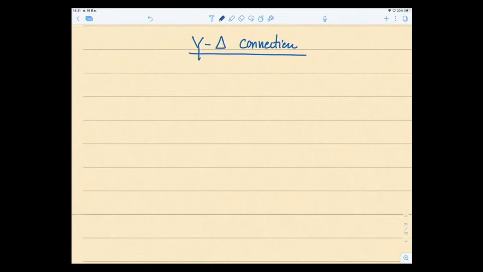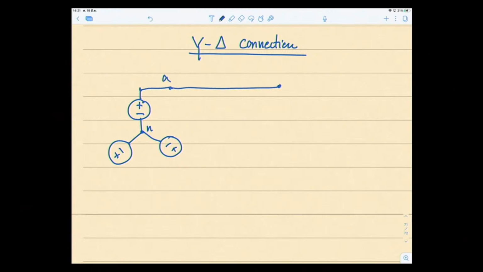Okay, so let's draw the configurations. The circuit here, plus minus here. Node N, A connected to delta load.